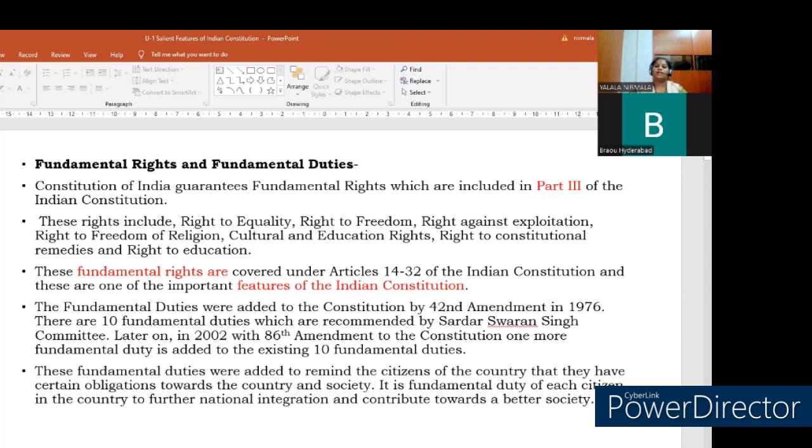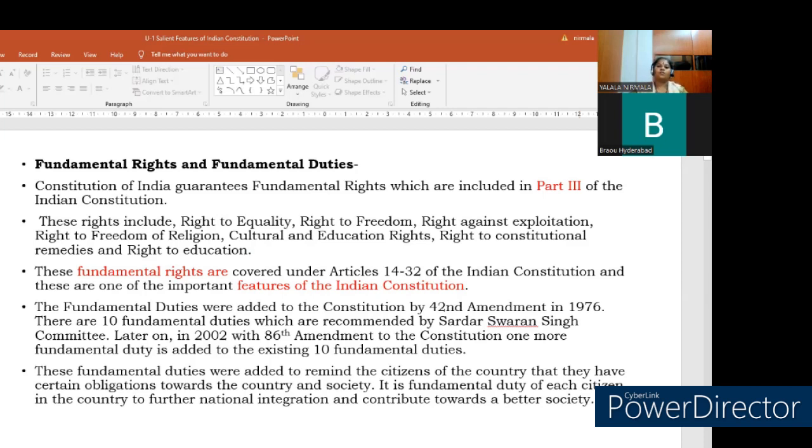There were 10 fundamental duties which were recommended by the Sardar Swaran Singh Committee, and later on in 2002, with the 86th Amendment to the Constitution, one more fundamental duty was added to the existing 10 fundamental duties proposed by the Sardar Swaran Singh Committee.